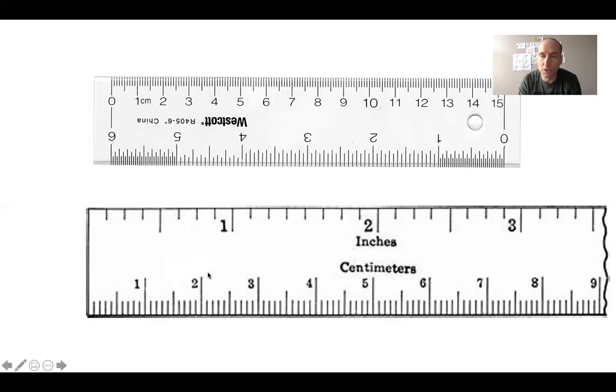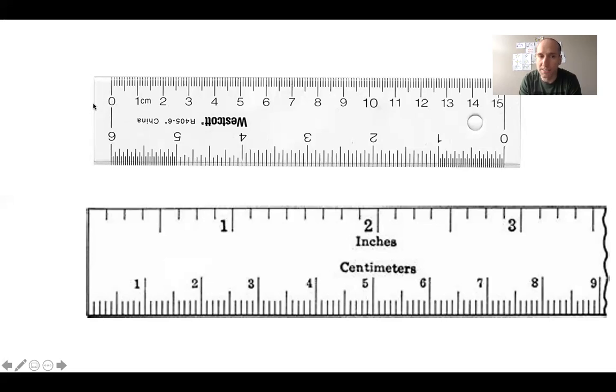Some rulers, like the ruler on the bottom, okay, we start measuring everything right at the edge. Up here, boys and girls, on the top ruler, if you look, they have a line and they labeled that line 0. That tells me this is my starting point.